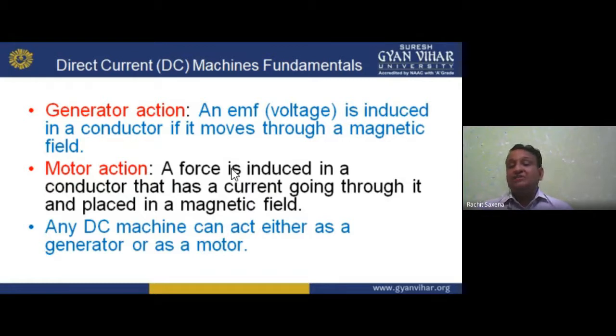Torque is given by the expression F cross T, force cross displacement. I hope you understand.